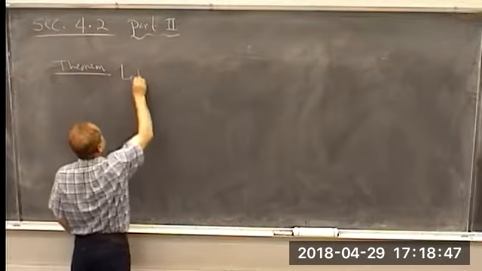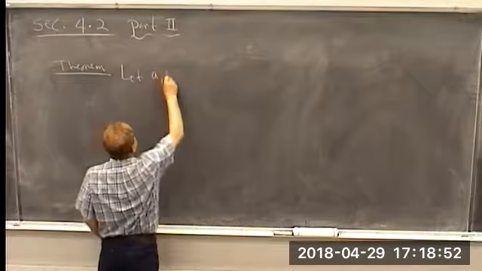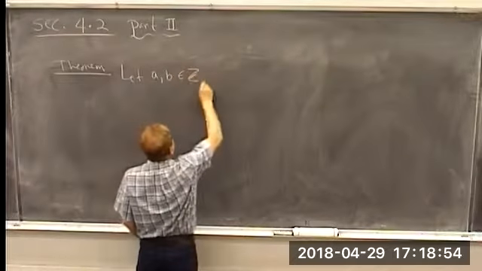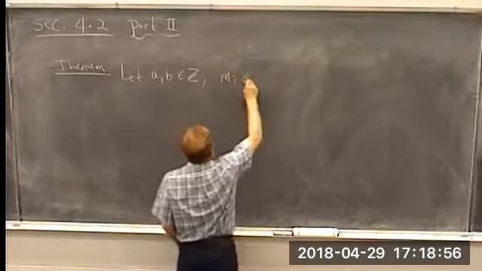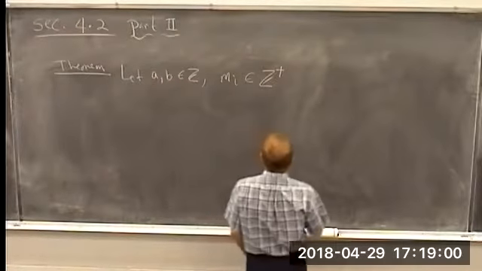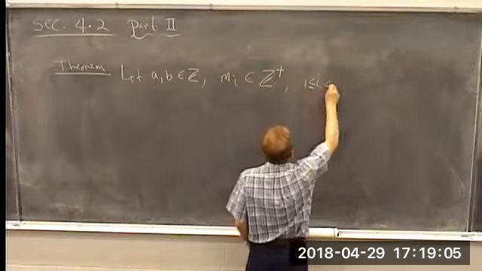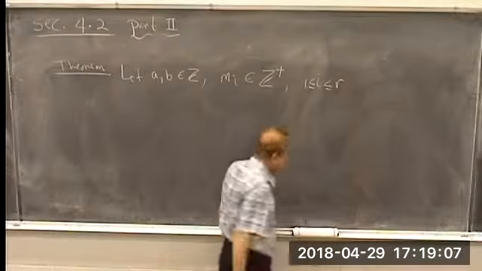Again, let A, B be in Z, M sub i belongs to Z plus, these are positive integers, for i between 1 and l.